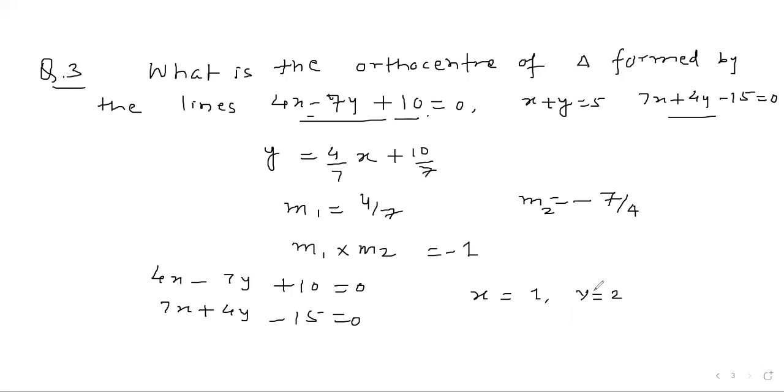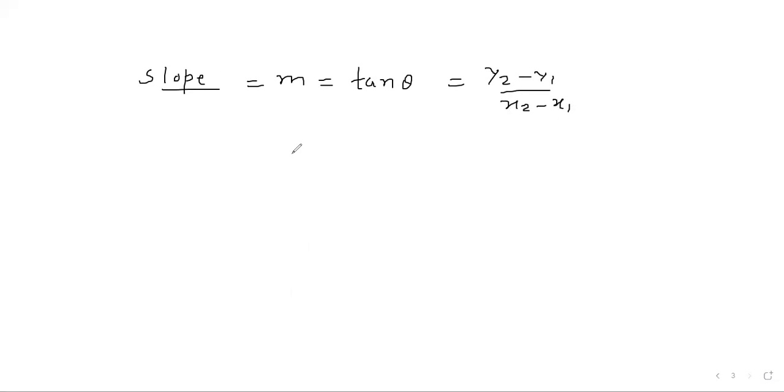Now let's see some basic concepts of straight lines. The slope of a line is given as m, or tan theta, or y2 minus y1 divided by x2 minus x1.